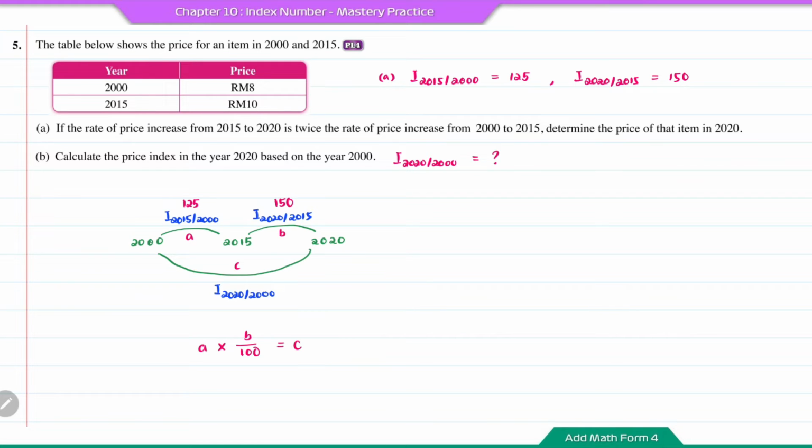So to find the price index in the year 2020 based on 2000, it will be 125 times 150 over 100. The answer is equal to 187.5.